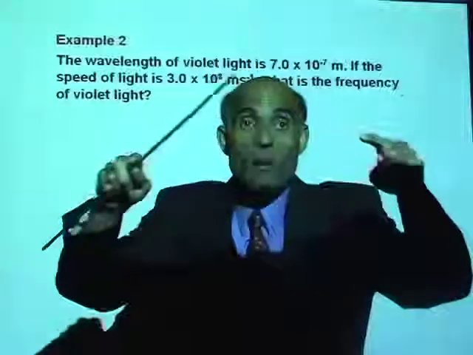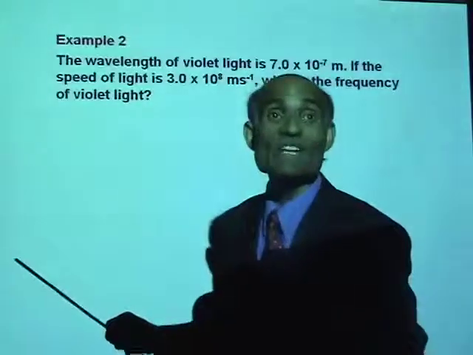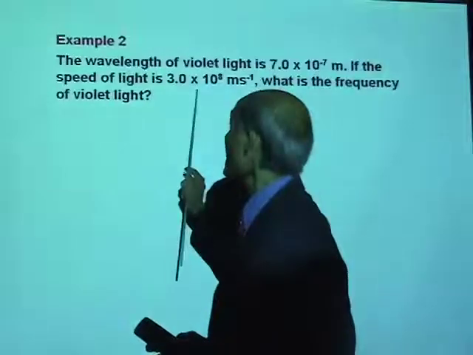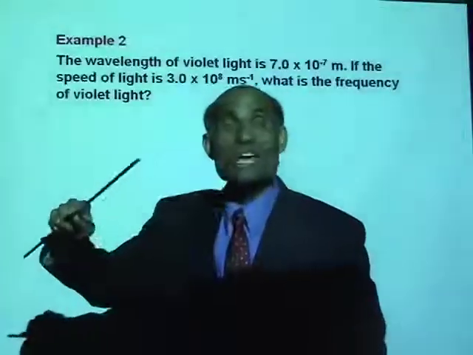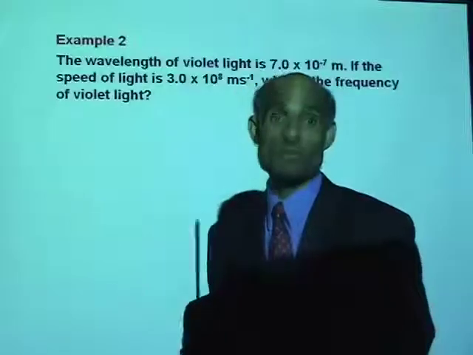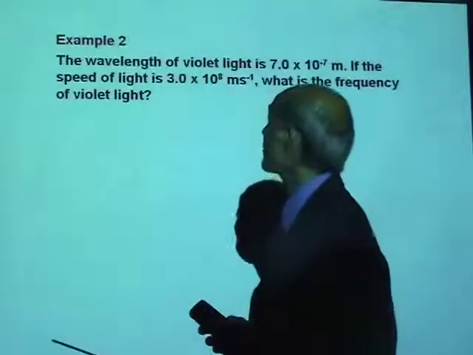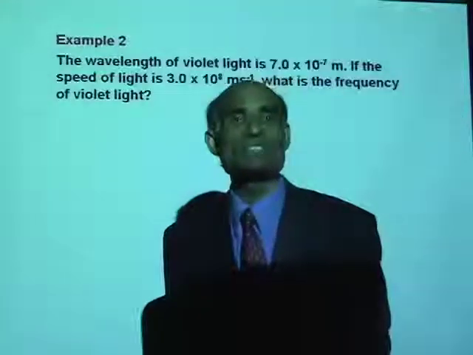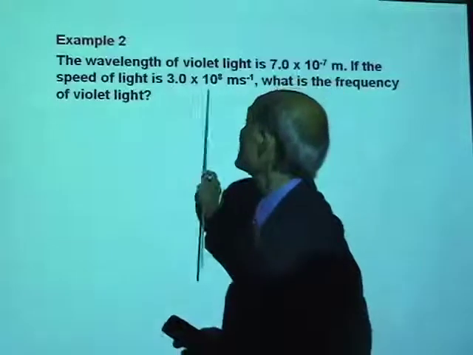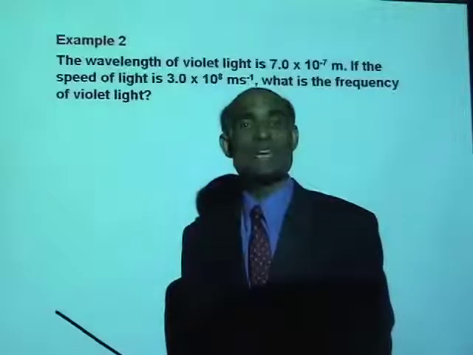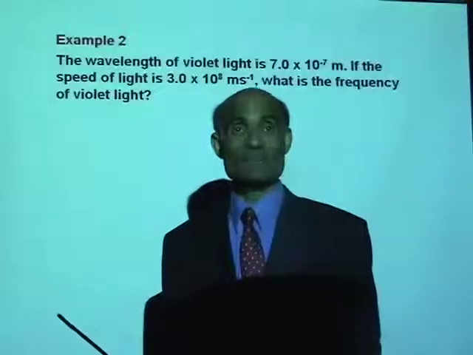Now, what is common to all colors is the speed. All colors travel with the same speed in vacuum, and that speed is 3 times 10 to the power of 8. Speed of light is a constant, and its value is 3 times 10 to the 8 meter per second.